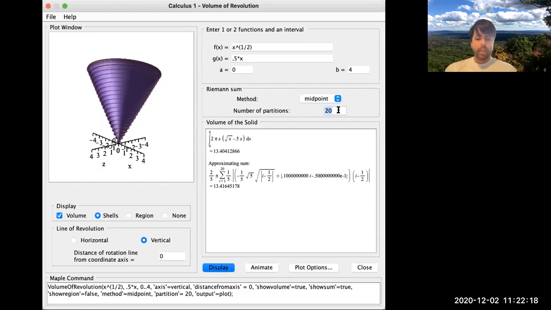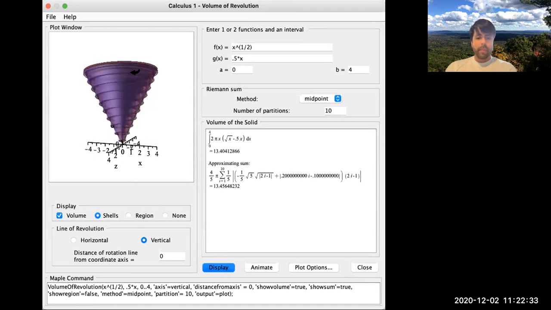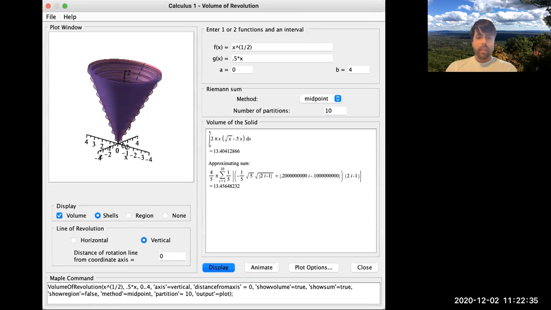This is what the shape would look like if I were to cut it up horizontally. You see that? Cool, right? Yeah, it's hollow in the middle.